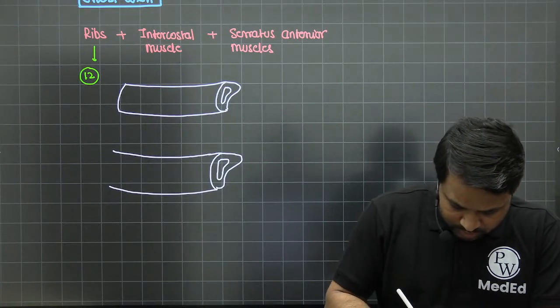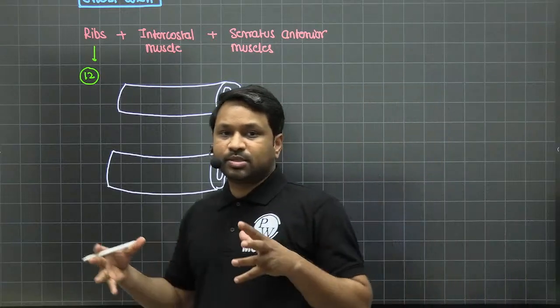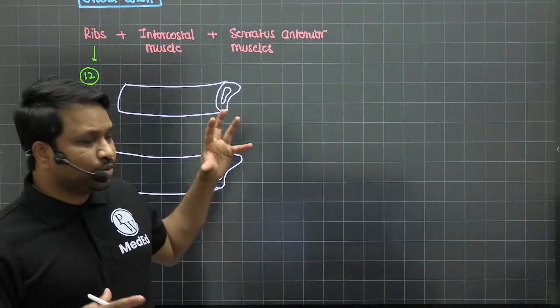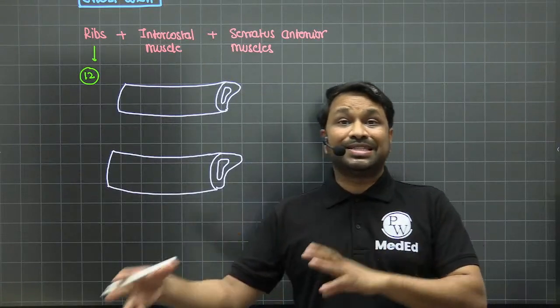Now, we all know there are intercostal muscles which are going to be gripping together so that the entire 12 units of the ribs should act as one single unit, right?